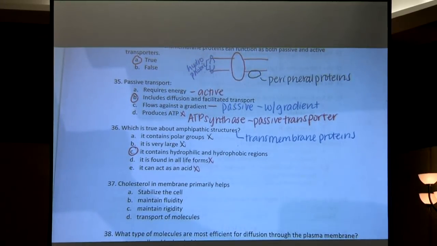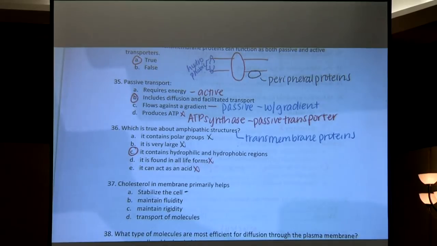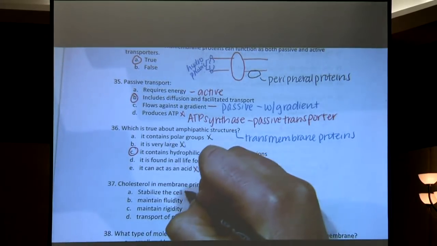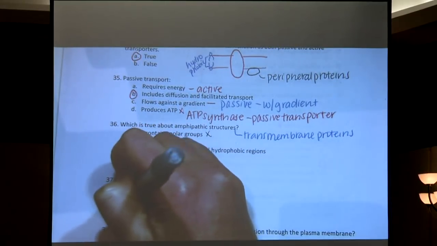All right, so cholesterol inside the membrane primarily helps what? So it can help us with stabilizing the cell, but that's not our primary function. It's going to help us maintain fluidity.